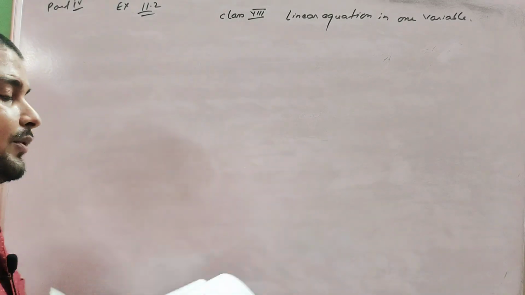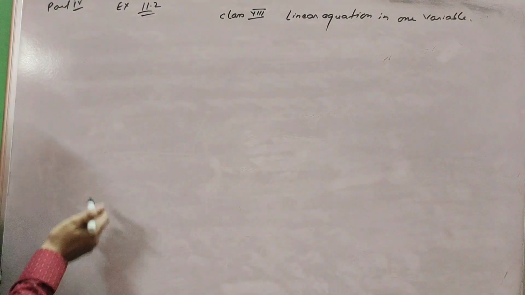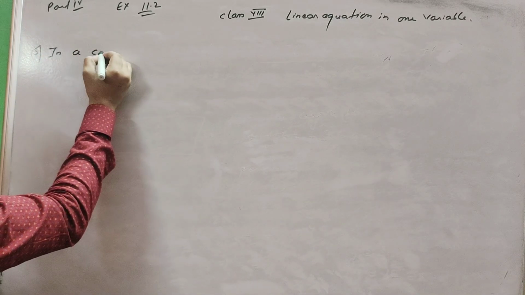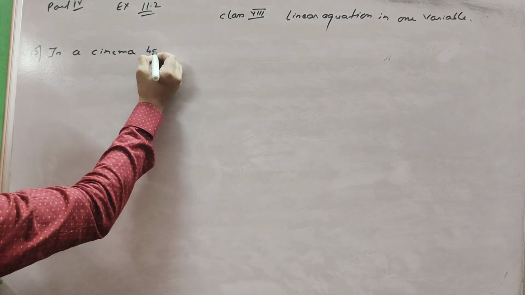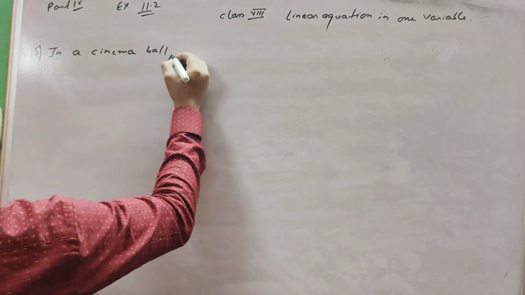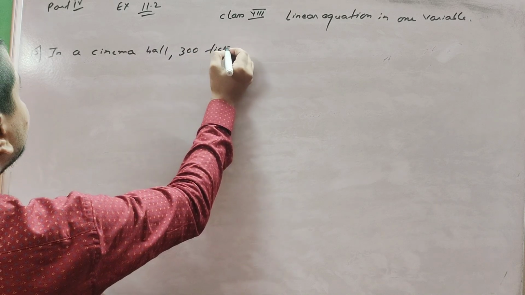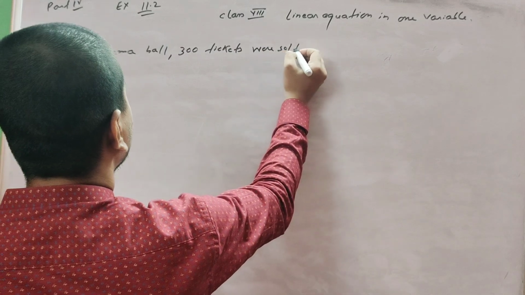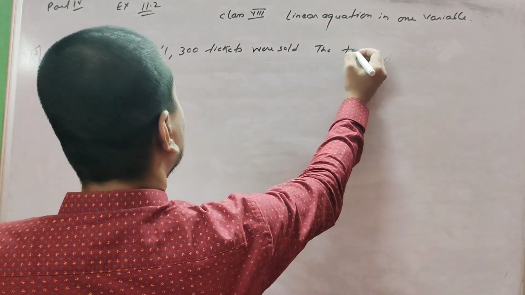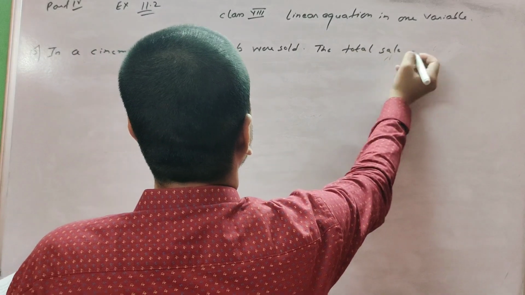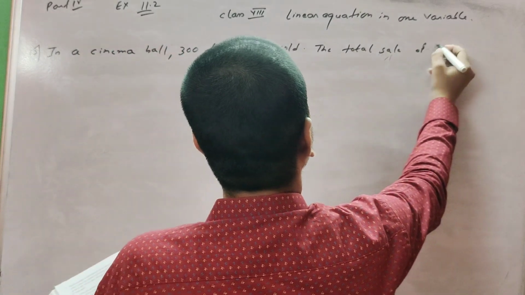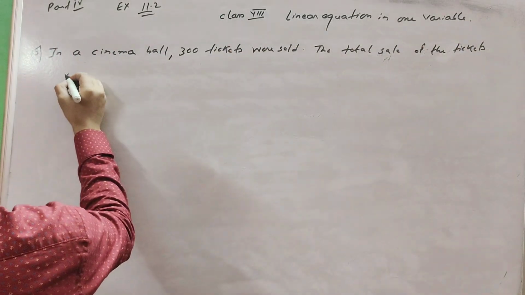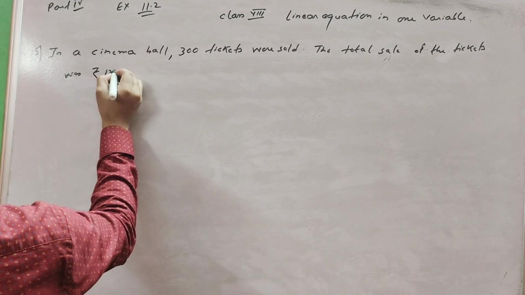Now time for question number 15. In a cinema hall, 300 tickets were sold. The total sale of the tickets was rupees 1250.